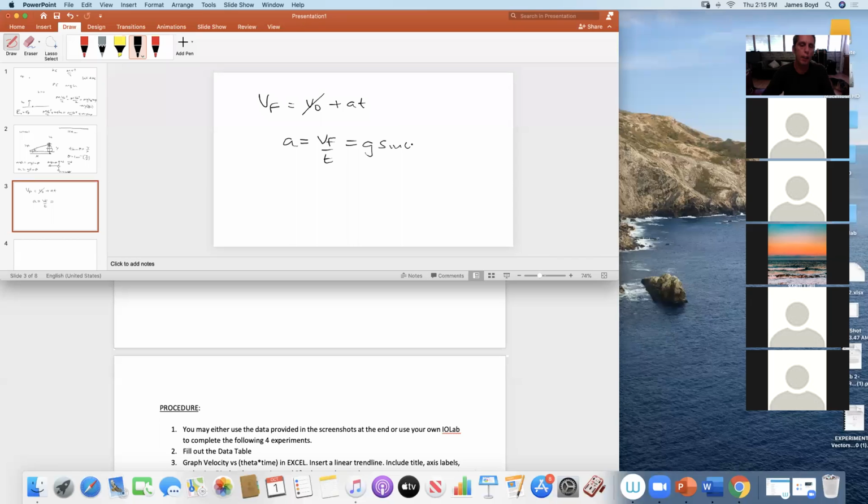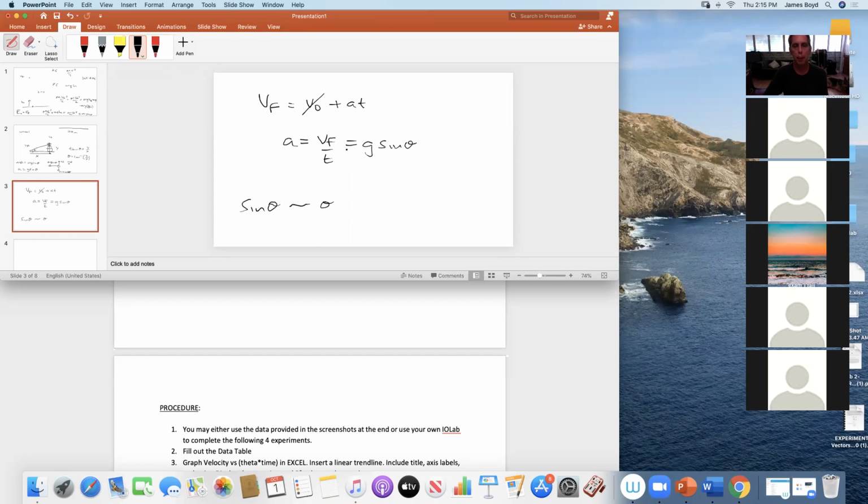Now, I don't remember if we had this already, and I think we did in free fall, but the small angle approximation says that sine of theta is approximately theta as long as angles are small. We're just going to assume they are, though they're not really small enough to totally assume this.